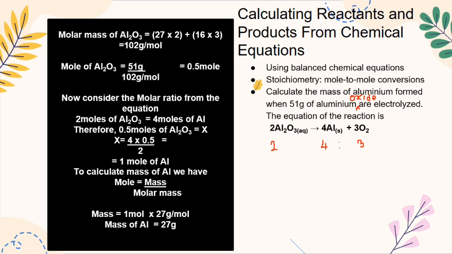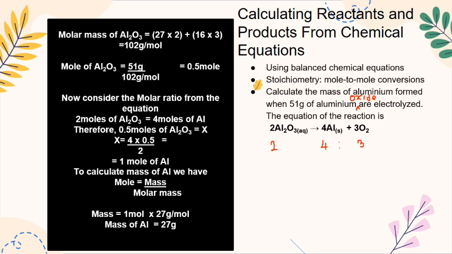Having said this, you can now know that from the chemical equation you can determine the mole. So we can easily say that for 2 moles of aluminium oxide, it will give 4 moles of aluminium and 3 moles of oxygen.